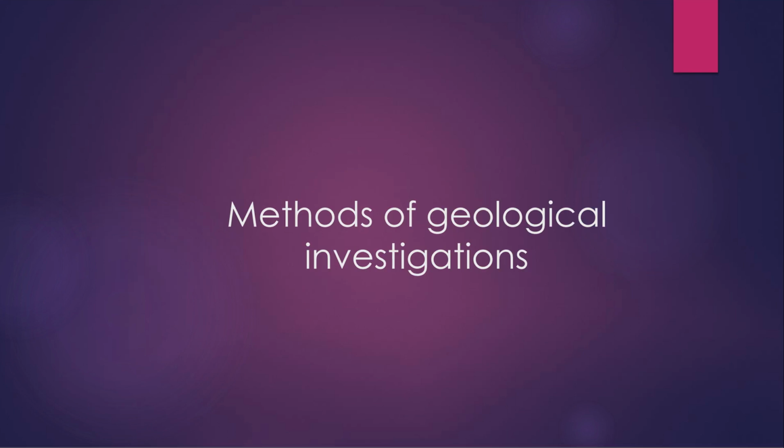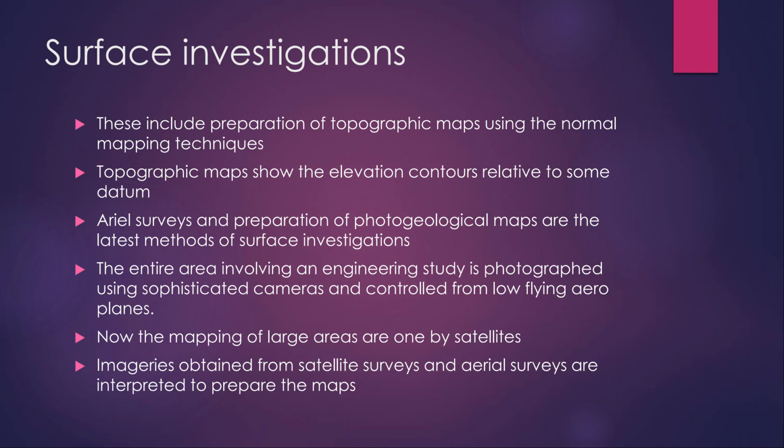Now let's see the methods of geological investigations in detail. Firstly, we have surface investigations. These include preparation of topographic maps using the normal mapping techniques. Topographic maps show the elevation contours relative to some datum. We know that topography is the nature of the terrain in that region.